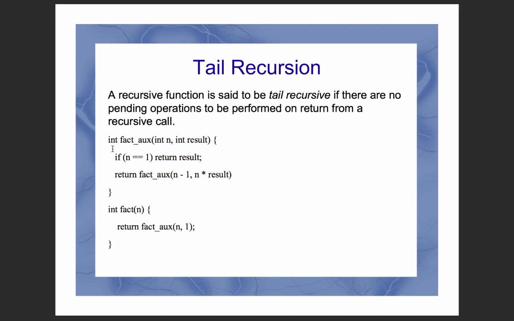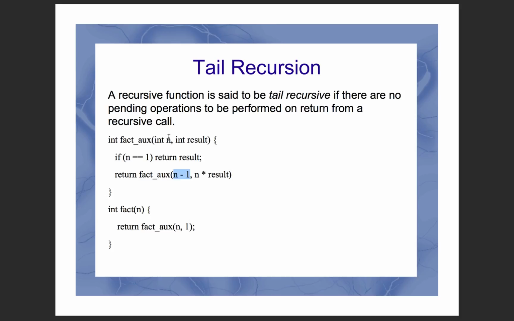You can see that this is a recursive function, and it takes some n value, and this is the base case: if n equal to 1, then return result. And this is the recursive portion, and it basically makes the input smaller.